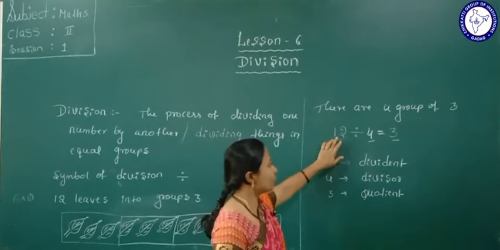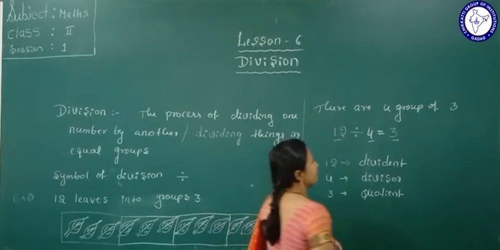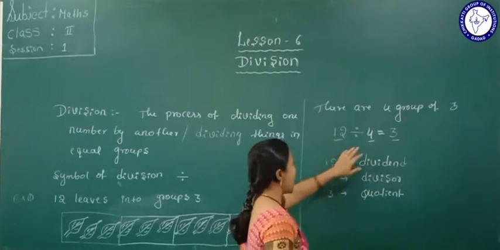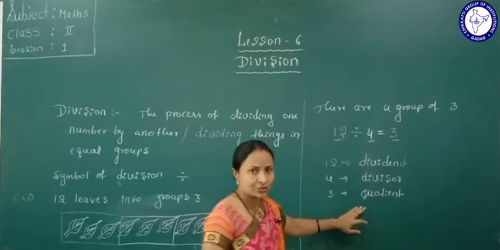So 12 is the dividend, 4 is the divisor and 3 is the quotient. Understood?